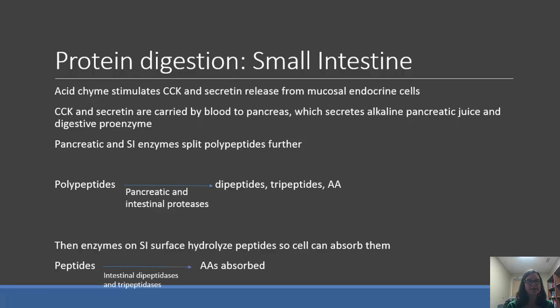Then these molecules go to the surface of the small intestine, where enzymes on the surface of the brush border hydrolyze the peptides further down to individual amino acids so that they can be absorbed into the mucosal cell. So we have our peptides, and then they are degraded by dipeptidases and tripeptidases at the brush border to break them down to amino acids that we can absorb into the cell.